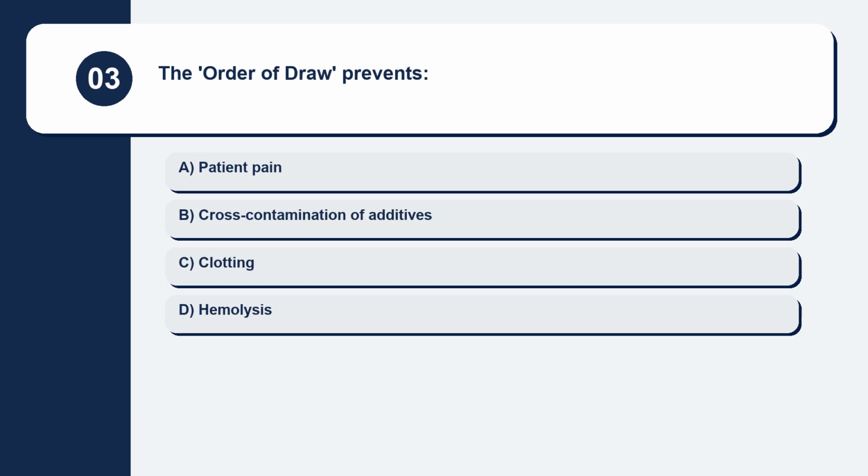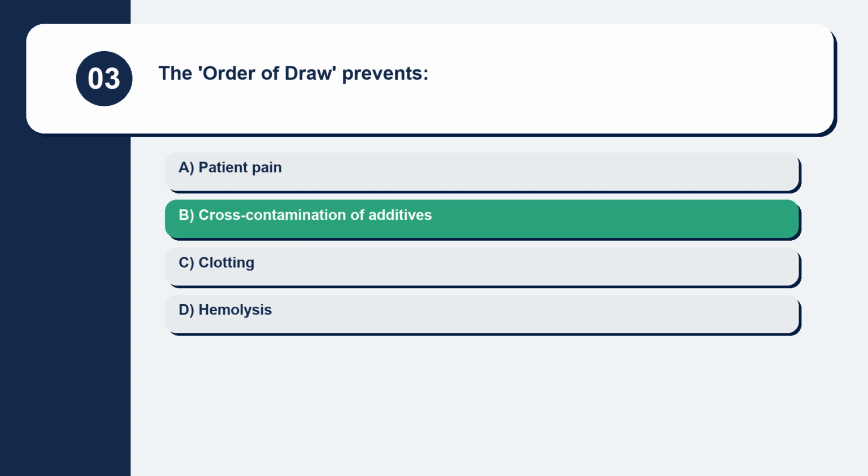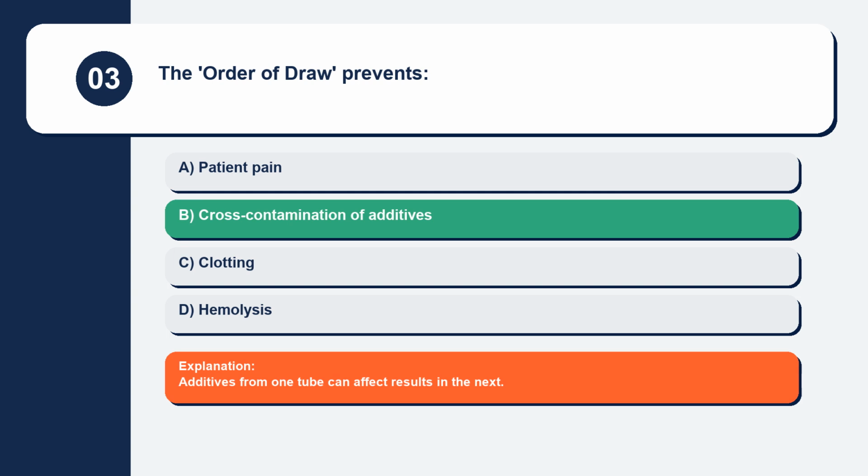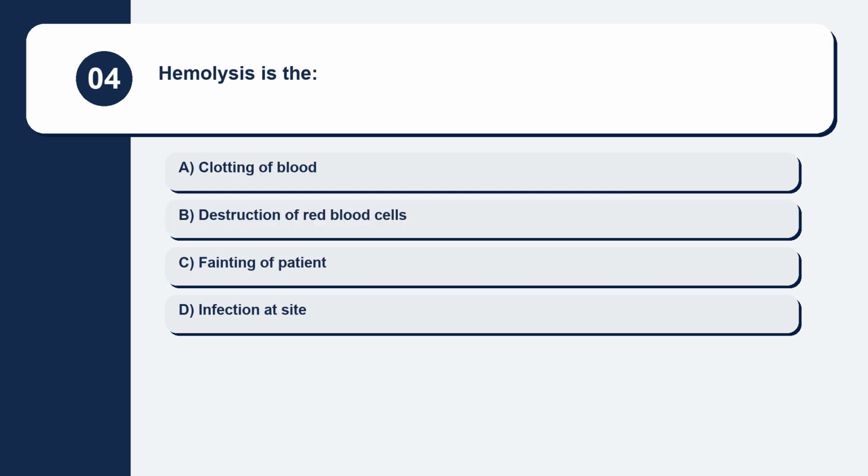Question 3. The order of draw prevents patient pain, cross-contamination of additives, clotting, hemolysis. Additives from one tube can affect results in the next. Question 4. Hemolysis is the clotting of blood, destruction of red blood cells, fainting of patient, infection at site.